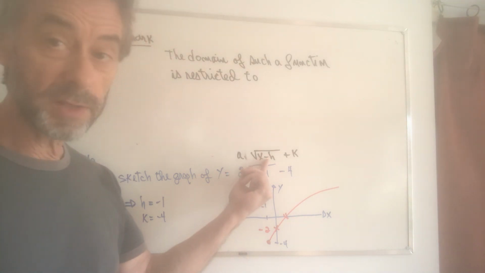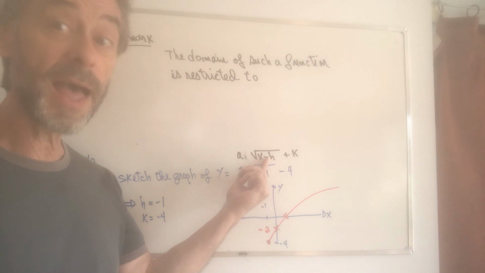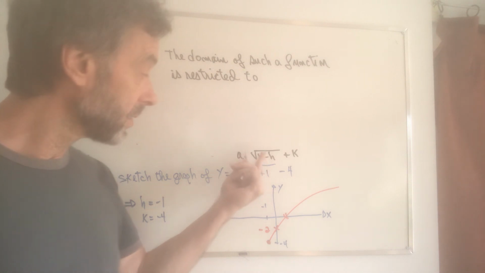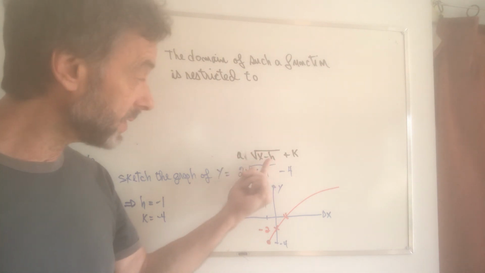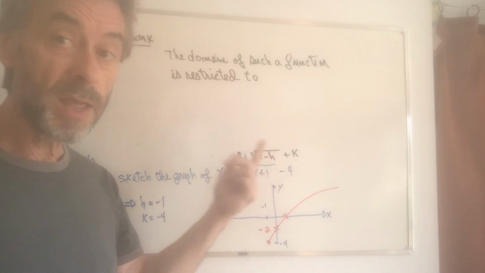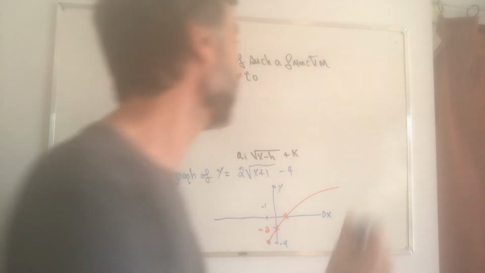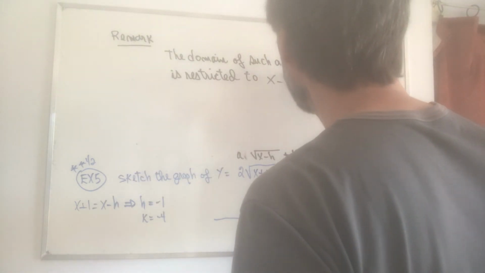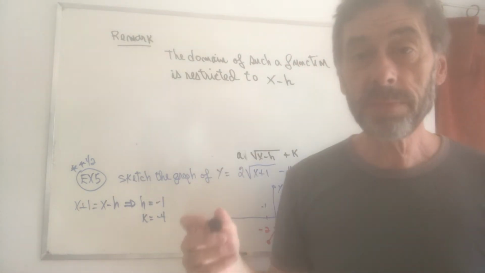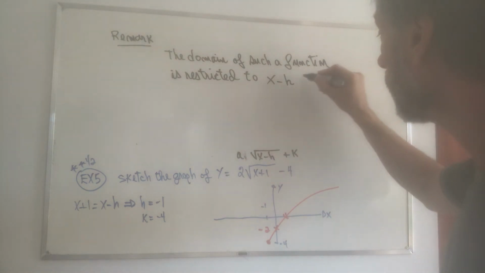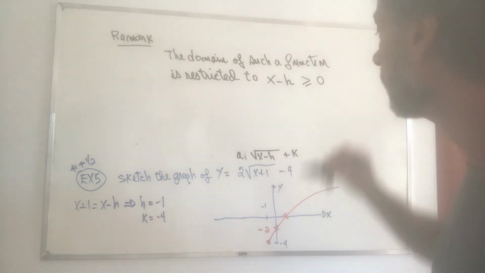Well, we have a root here, which means we have to be careful because we can't have roots of negative numbers. So the inside of the root, which in this case is x minus h, is not allowed to be negative. How do I write this in math? I say x minus h cannot be negative. That means it has to be positive. Yes?